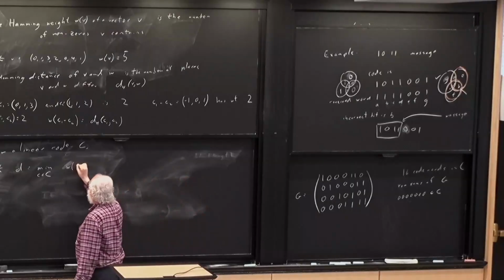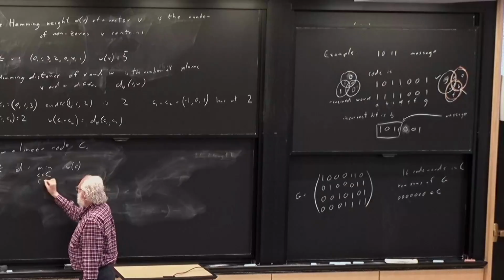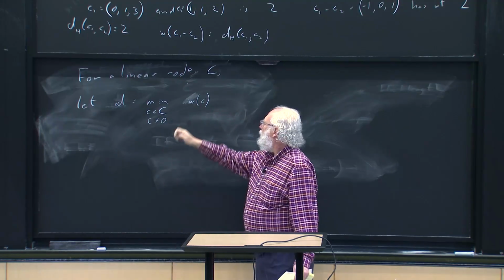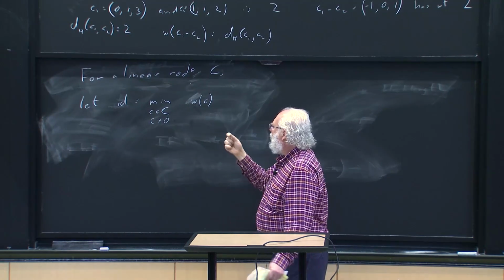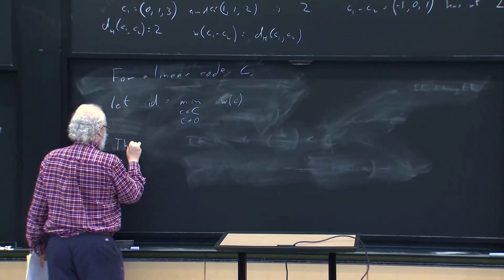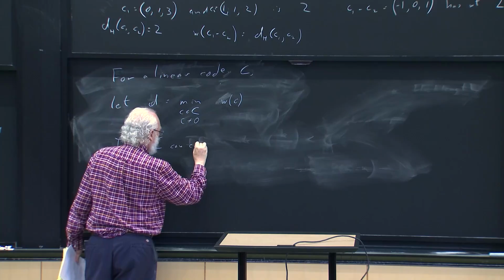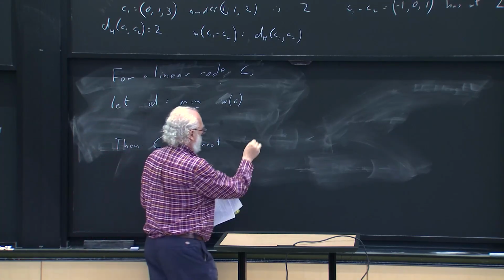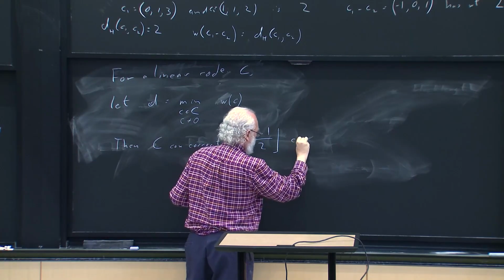W. Okay, so W of C, and we have to specify that C is not equal to 0 here. So the minimum weight of any non-zero code word. Then C can correct D minus 1 over 2 errors.